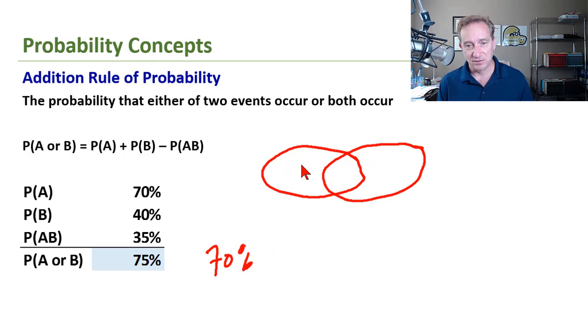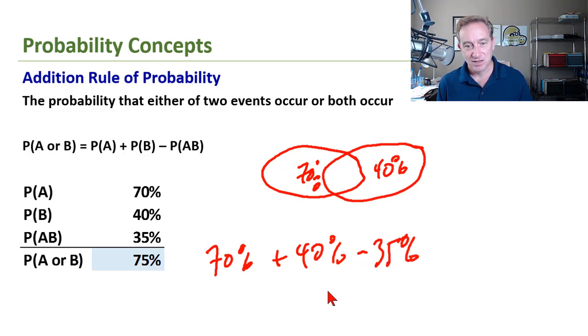And although not to scale, you can think of that here as 70% plus 40%. You can think of that here. And if we just imagine adding those together, we've double counted what's in here, their intersection. So we subtract one of them, minus 35%, and that gives us the total sample space here of 75%.